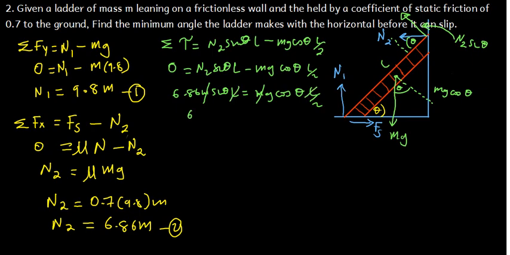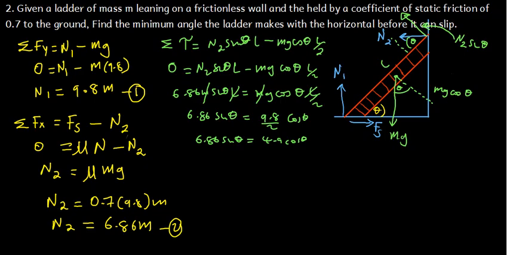So remember 6.86 sin theta is equal to, of course, g is 9.8, we have a 2 there, so over 2, and then cos theta. 9.8 divided by 2 gives us 4.9. So this is 6.86 sin theta is equal to 4.9 cos theta.